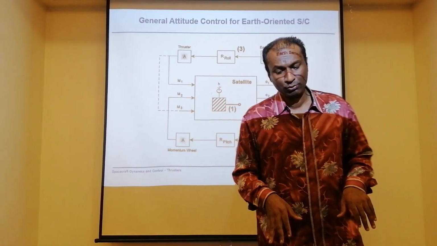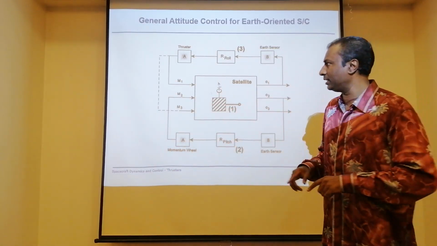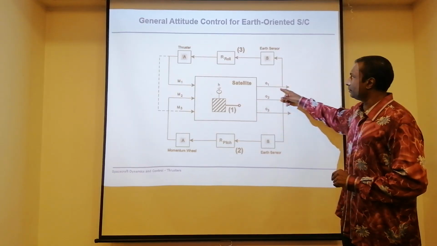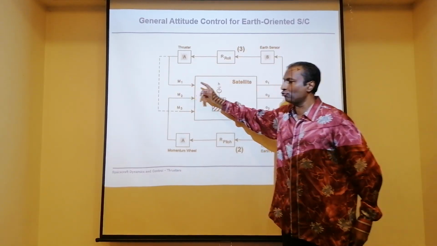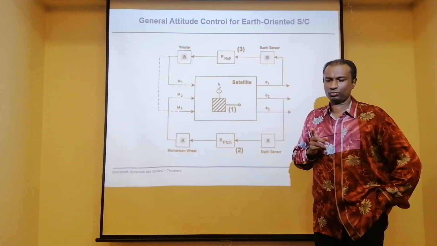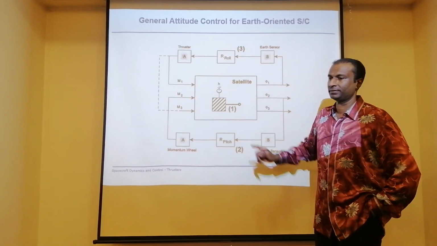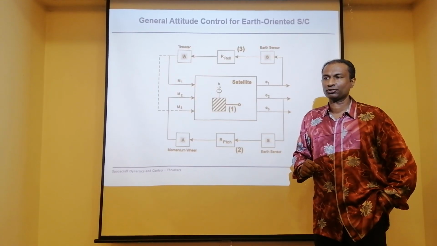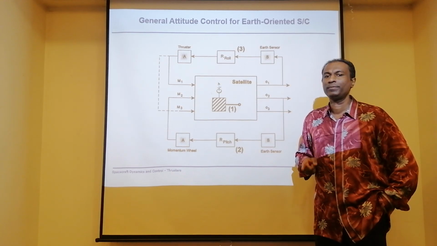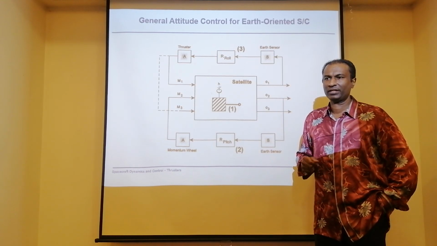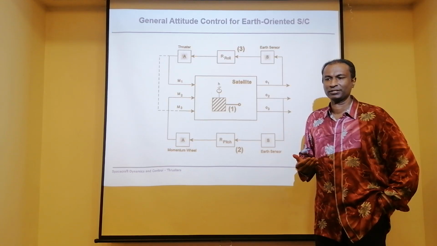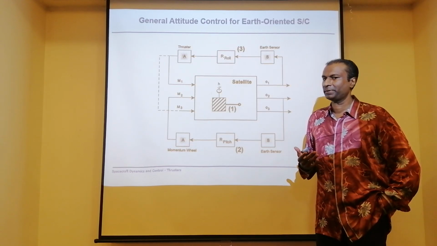So depending on what you want to do, but remember this, this option of controlling the roll via thruster is going to be an expensive option, because the thruster will be on, and when the thruster is on, you are going to consume fuel. So it is going to be expensive in that sense.